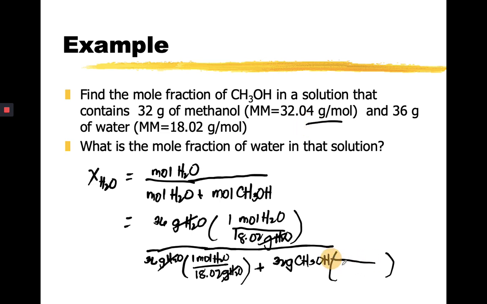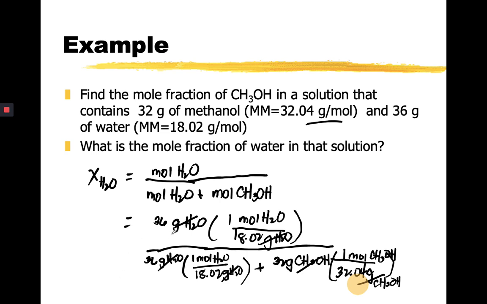So this is over 32.04 grams is to 1 mole, that's CH3OH. All right. So you notice that once we cancel out the units, we end up with the number of moles of methanol plus the number of moles of water.